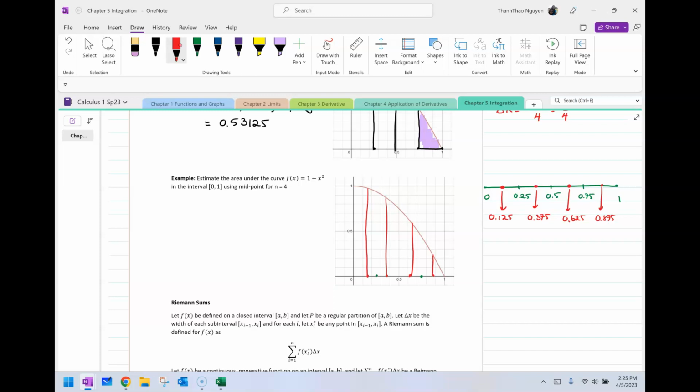So note that here, let's draw this in. Okay. So the height of the rectangle is where the midpoint is.